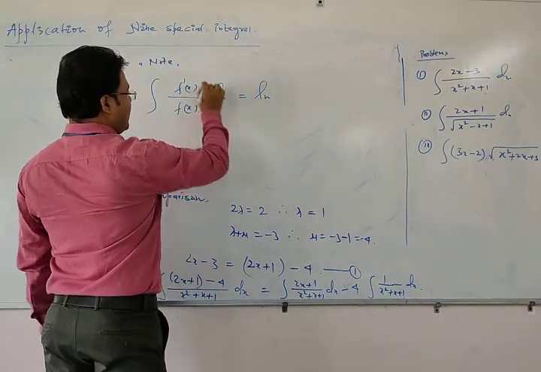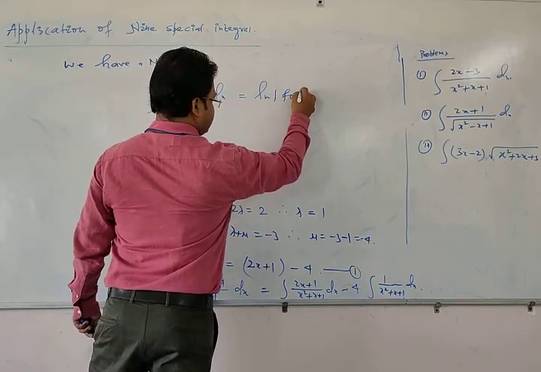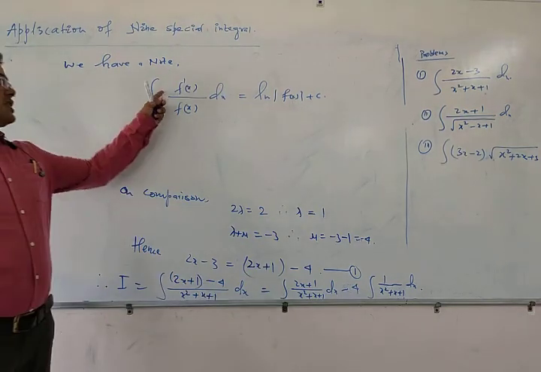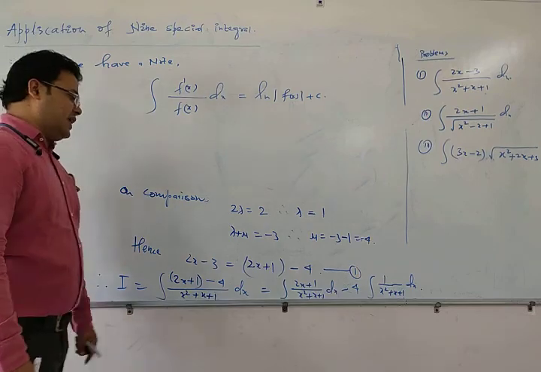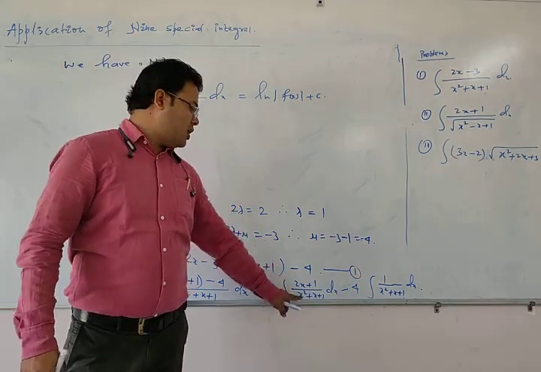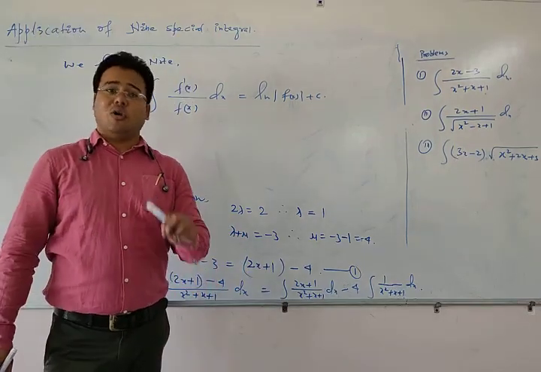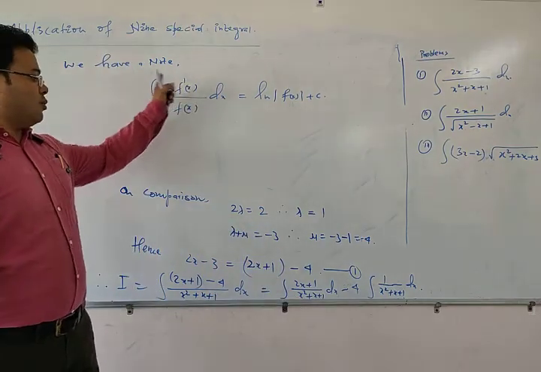What is the integration of this integrand? ln mod f x plus constant. You can use this directly as a formula. So here you can see the denominator is x square plus x plus 1, and the numerator is 2x plus 1, which is the derivative of the denominator. So you can use this formula directly.